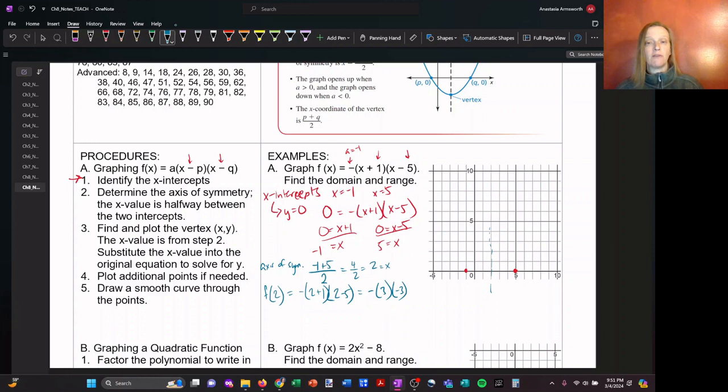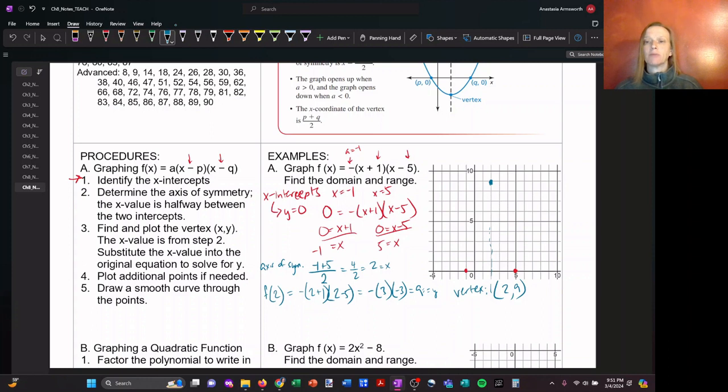So if I've got negative times 3 times negative 3, that all works out to be positive 9. So this here is my y value. So my vertex is at 2, comma 9. So if I come up here, 2 comma 9, that is where my vertex should be.